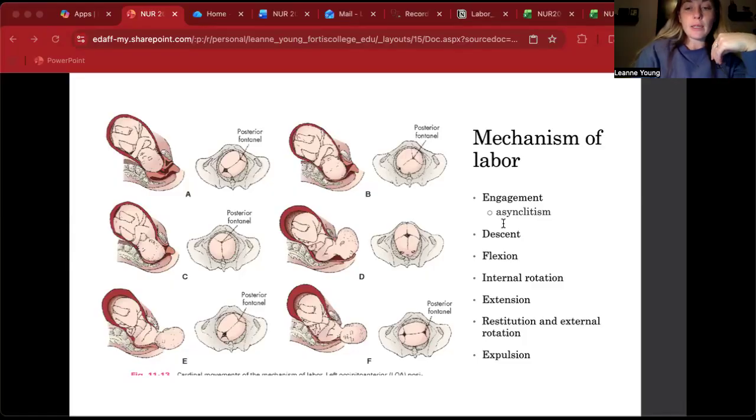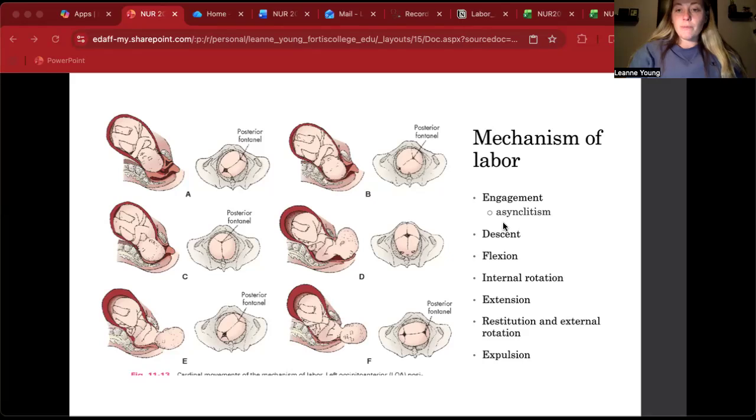When we refer to flexion, the fetal head is typically flexed so that the chin is brought closer to the fetal chest. We already talked about that when we were talking about passenger, how we want that baby to be curled in like this. Flexion, with the chin brought close to the chest, is ideal for birth. We do not want to see that head up like that.